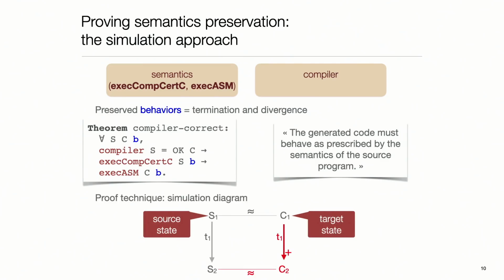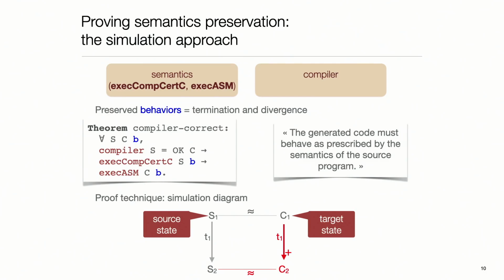The standard proof technique used to prove this theorem is the use of simulation diagrams such as this one. This diagram states that a step in the execution of the source program is simulated by steps of execution in the target program, while ensuring an invariant between source and target states.